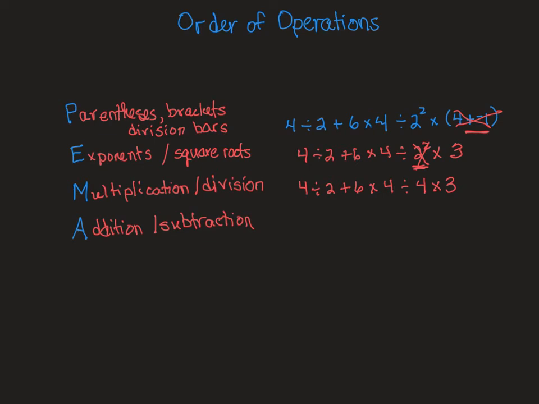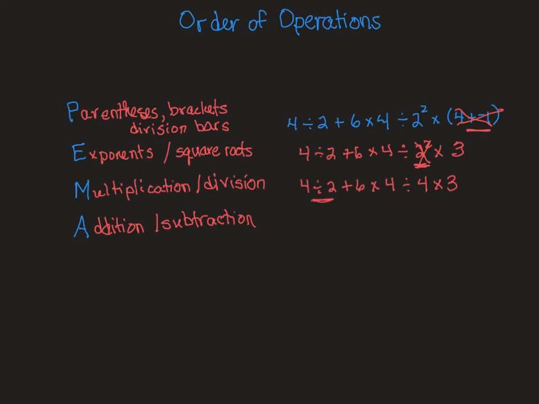I'm going through the problem and solving any multiplication or division that comes. My first one is division, and that's what I do first, because it's multiplication or division as it comes from left to right. So 4 divided by 2 is 2, plus 6 times 4 divided by 4 times 3.